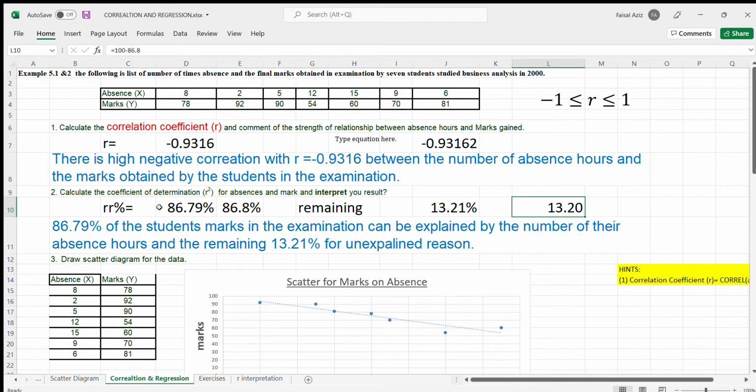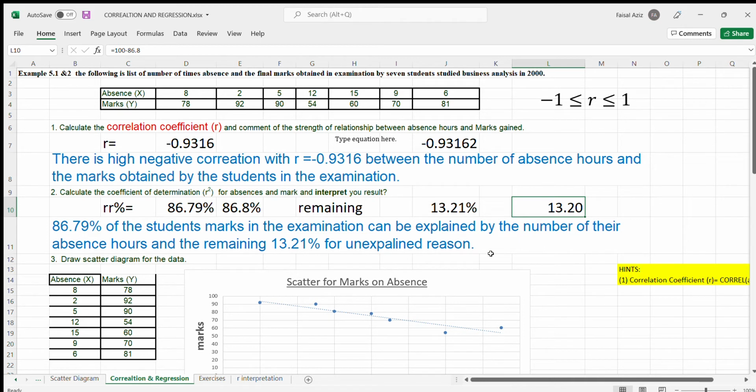When we talk about the coefficient of determination, in short called R square, we can interpret that 86.79 or 86.8% of the students' marks in the examination can be explained by the number of their absence hours, and the remaining 13.21% is for unexplained reasons.